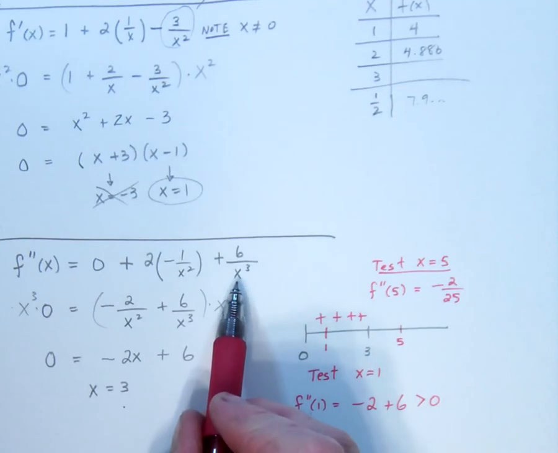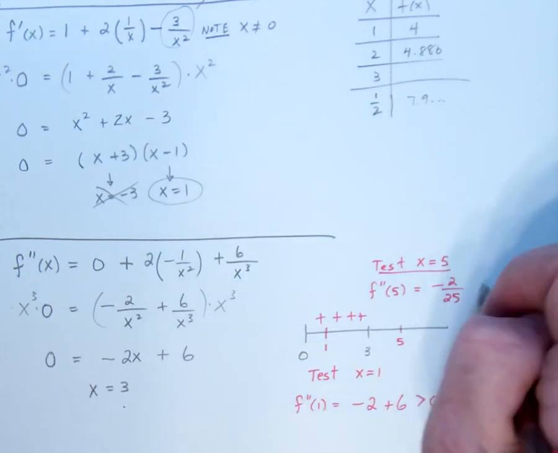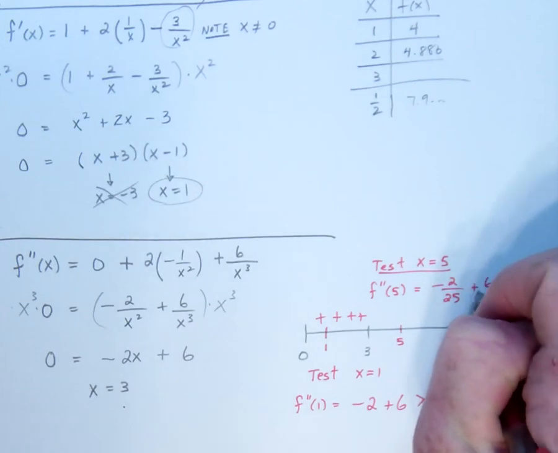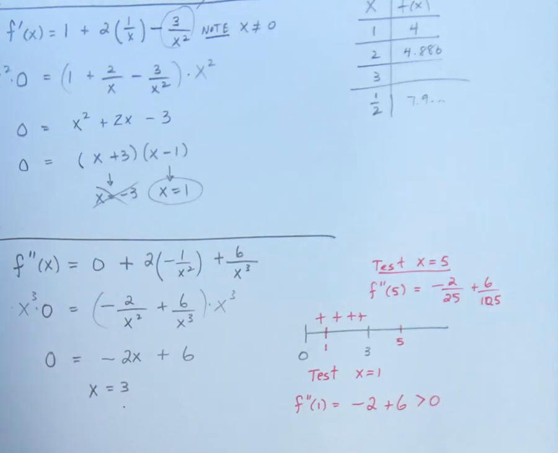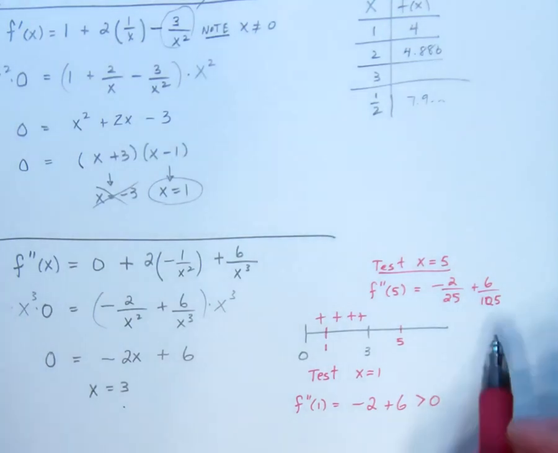This one, if you put a 5, 5 cubed is 125, so plus 6 over 125. Sorry, my screensaver just went on. It startled me. So this is supposed to say 125.